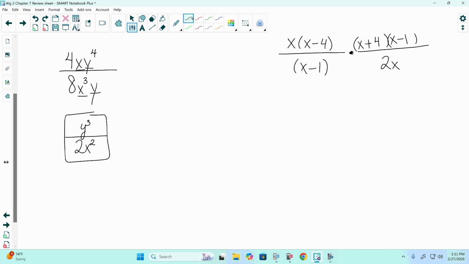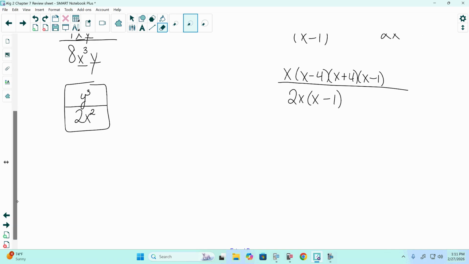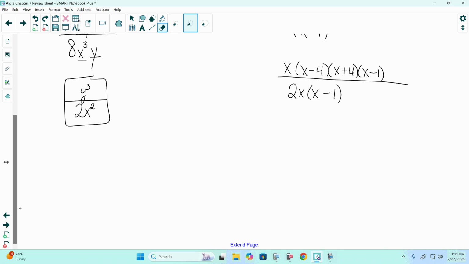Now that it's in factored form, we can multiply together. When I write it out, I like to get my monomial terms out front just so that it's easier to keep everything straight and organized nicely.